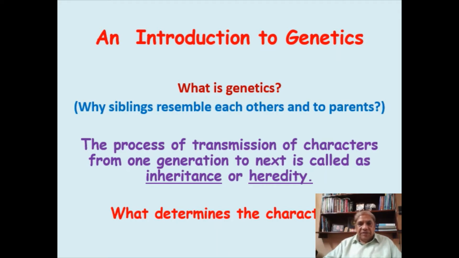If your hair is black, if your nose is sharp, on what basis are these characters determined? How were these characters transmitted from your parents to you, or why are they similar in your brothers and sisters? Naturally the question will come to mind, what determines the characters? Moving to the next slide.